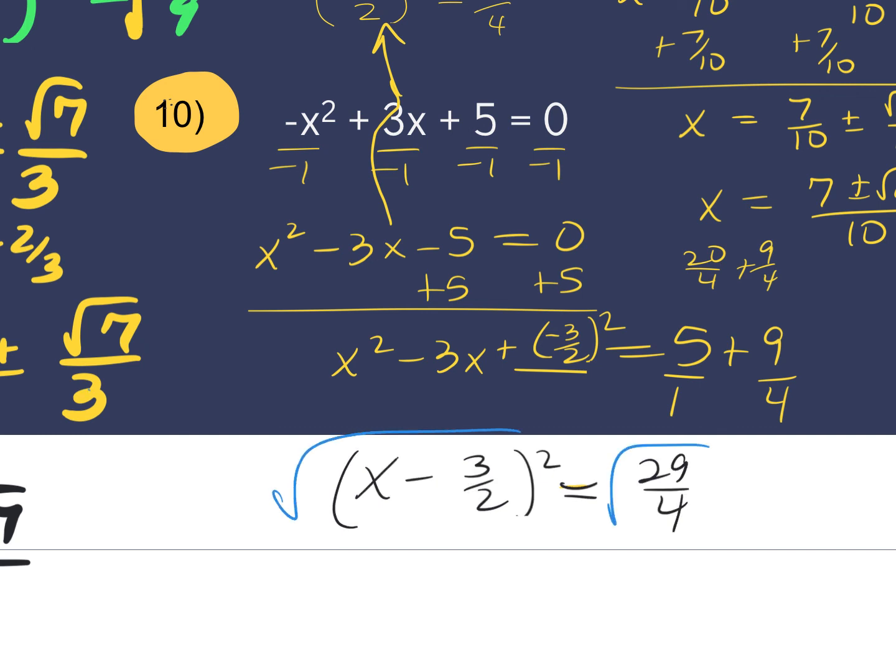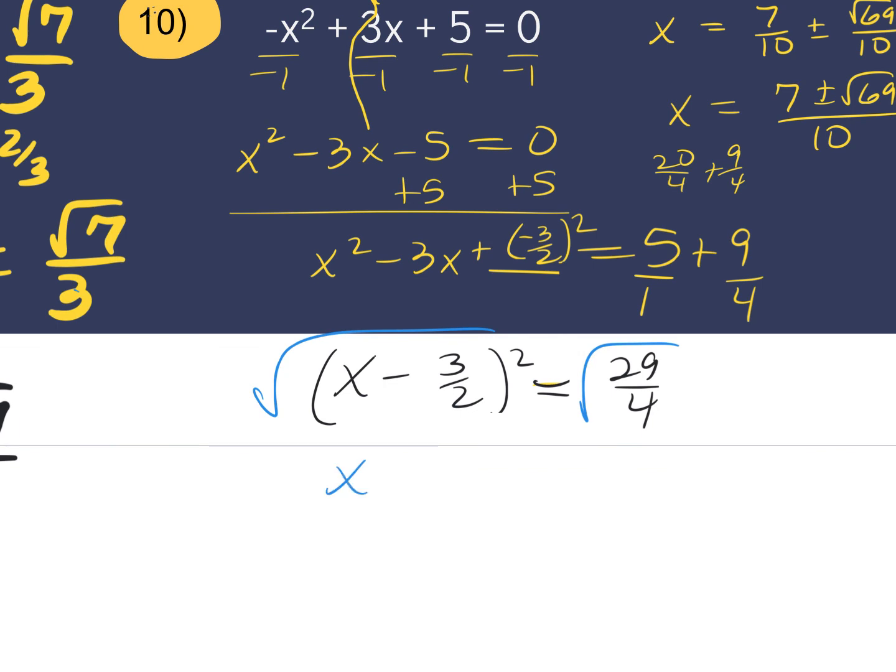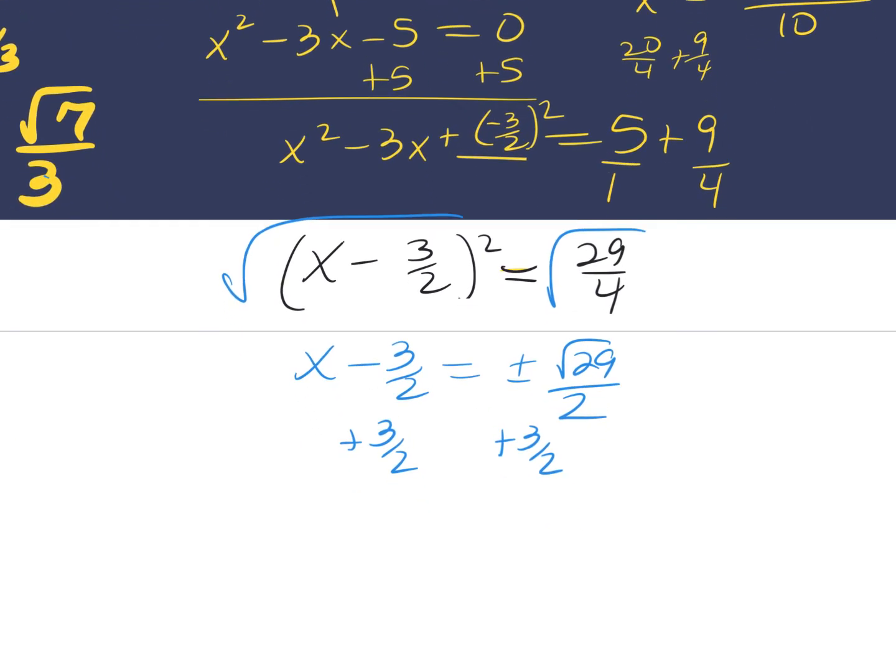Square root it. 29 over 2. And then move it over. And you're done.